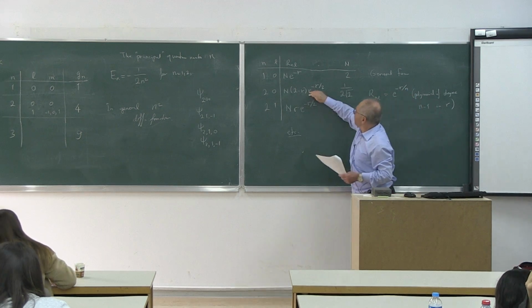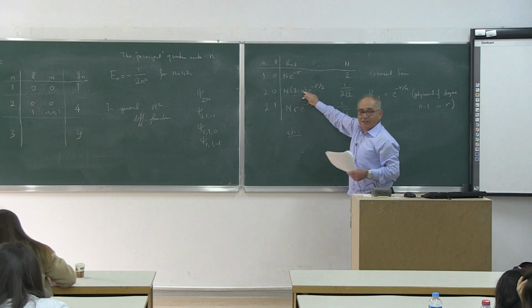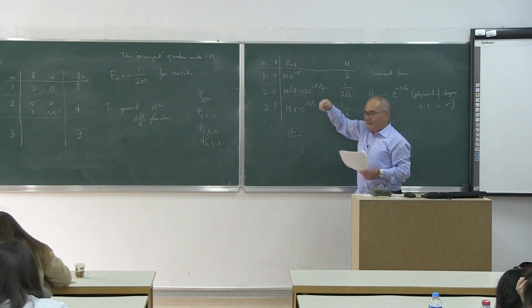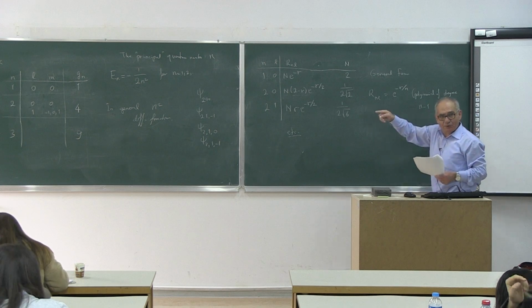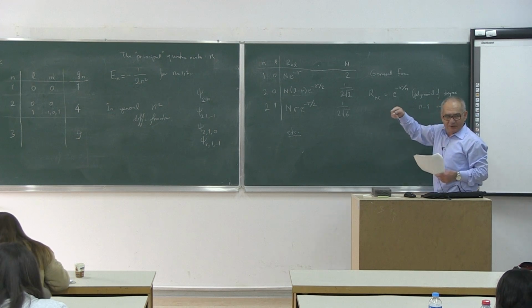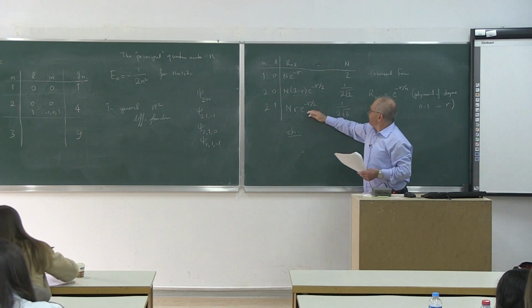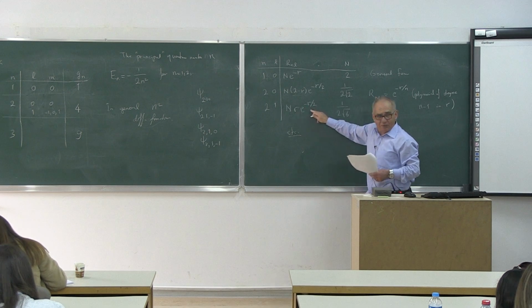It is multiplied with this polynomial, 2 minus r. The highest power here is r to the first power. And as we said here, n minus 1, for n equals 2, highest power is 1. This one also has r to the first power multiplied with e to the minus r over 2.